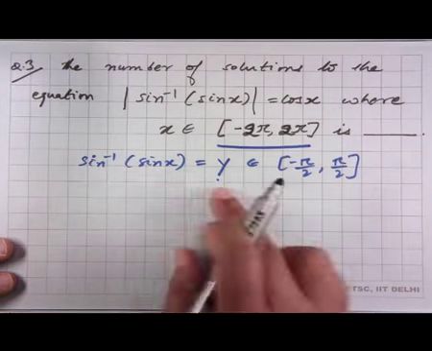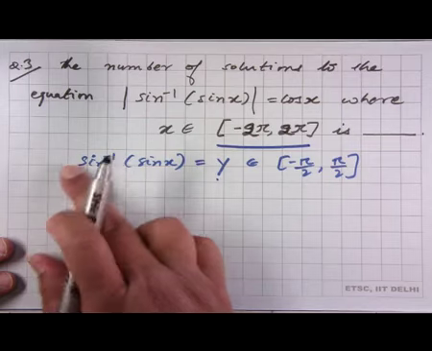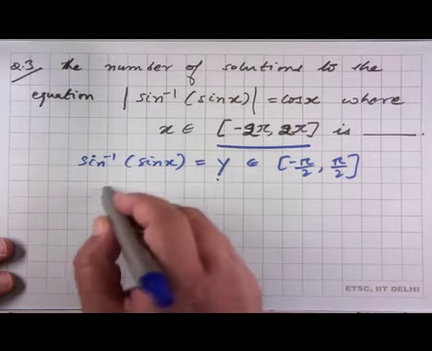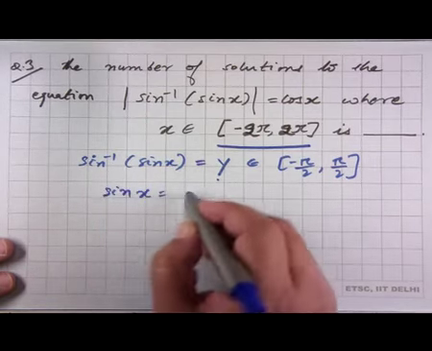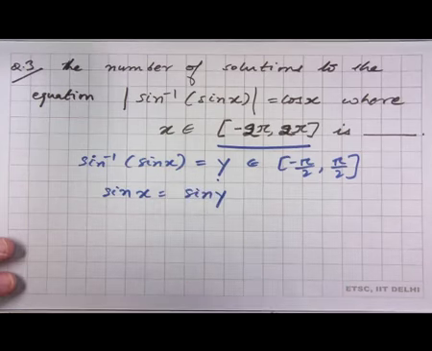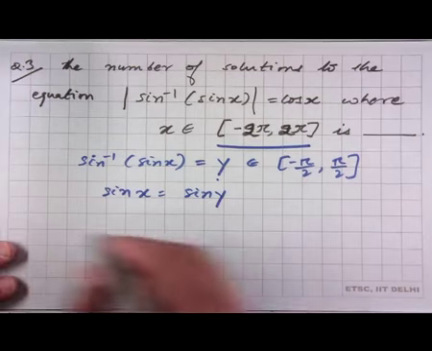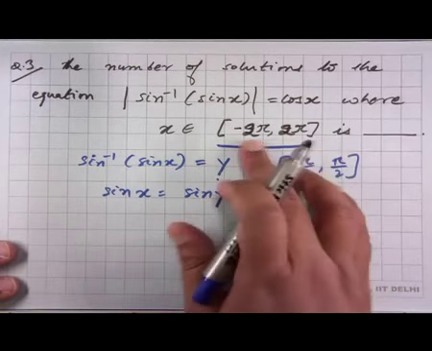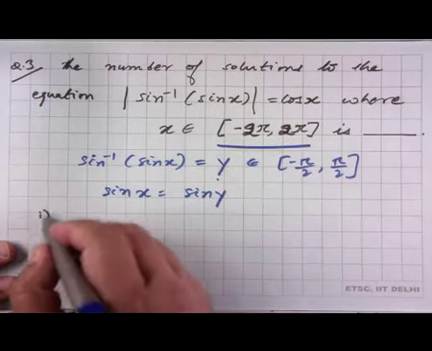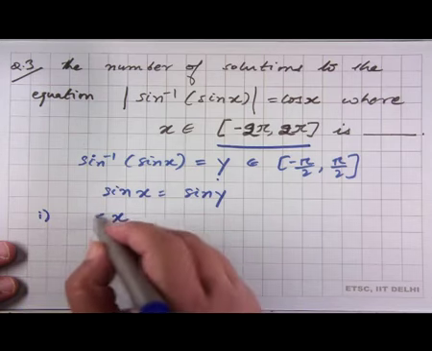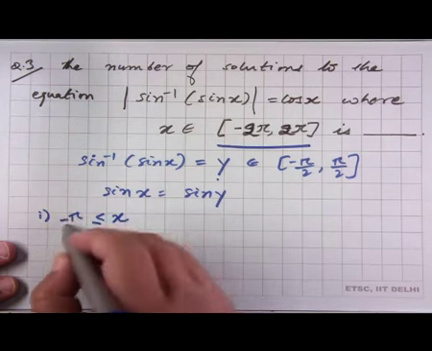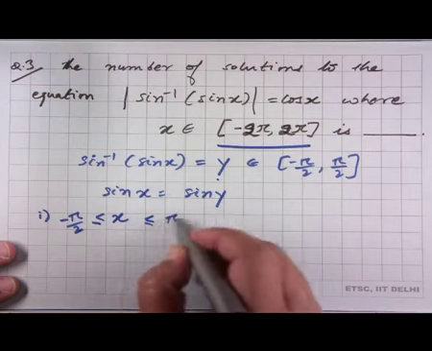So, from here if we apply the sine function on both the sides, then we get sine x is equal to sine of y. Now we divide this into several regions. The first region is when x is between minus pi by 2 and plus pi by 2.